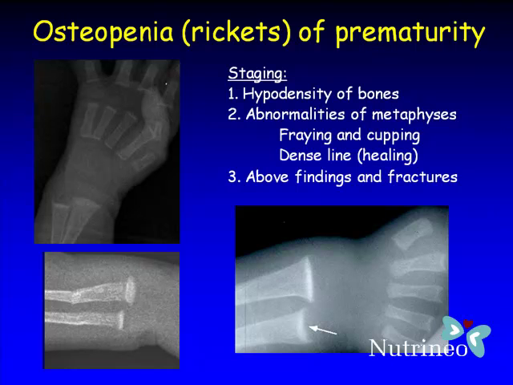And this includes abnormalities at the metaphyseal ends of the bone, this type of fraying or damage to the end of the metaphyses. You can see this kind of U-shaped curve here, which is called cupping of the bones, which is classic in rickets. And then in the most severe form, we have fractures, such as are seen here.